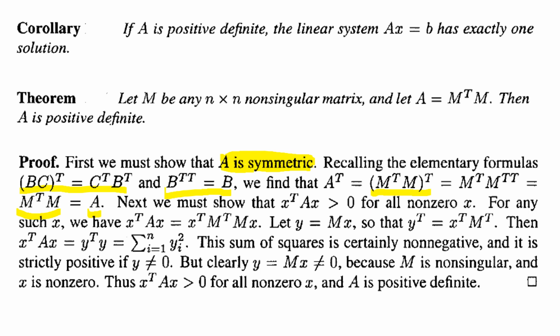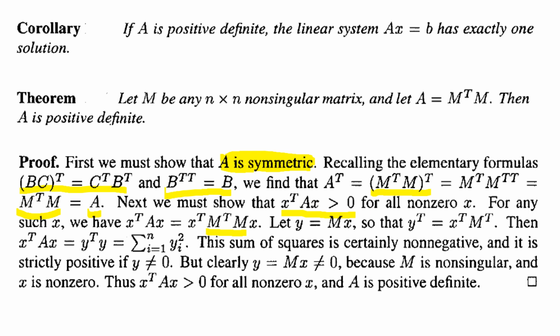Next, we must show that this inequality holds for all non-zero vectors x. For such x, we have x transpose Ax equal to x transpose, replacing A with M transpose M. Let y be equal to Mx, so that y transpose is equal to this.